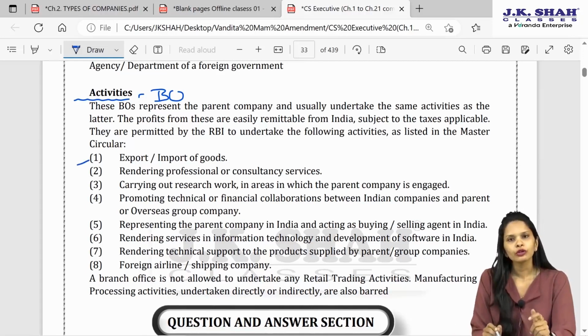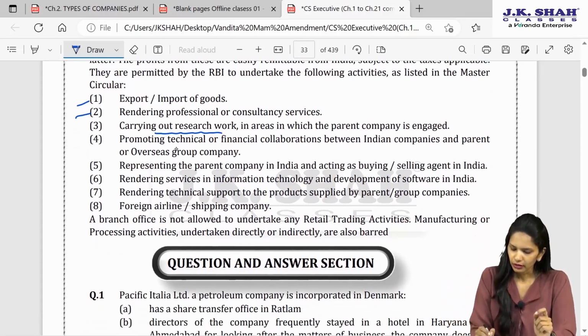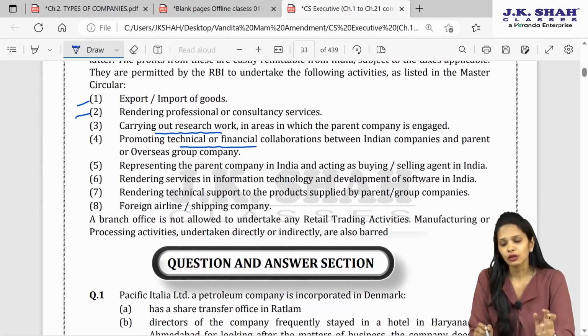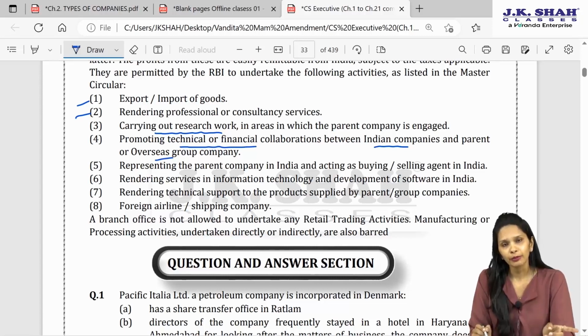Import and export of goods. They can even give professional or consultancy services. They can also carry out research work, but yes, only in that area where your parent company is engaged. Along with that, they can also promote technical and financial collaborations between Indian companies and the parent company abroad.